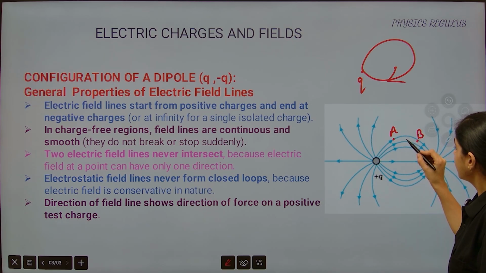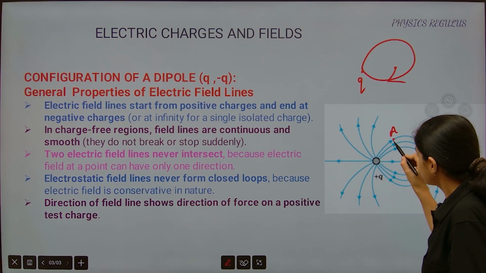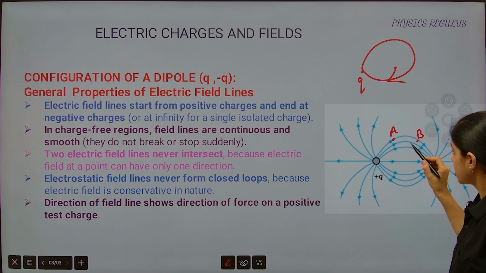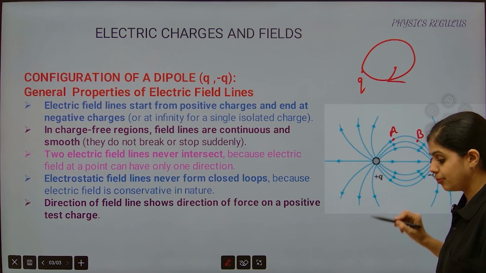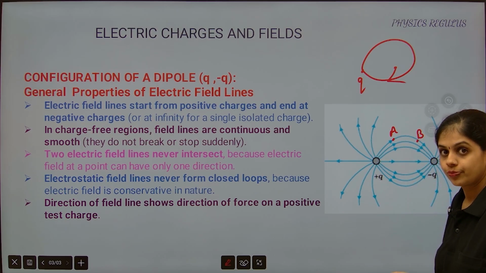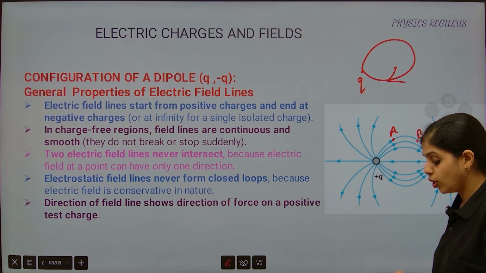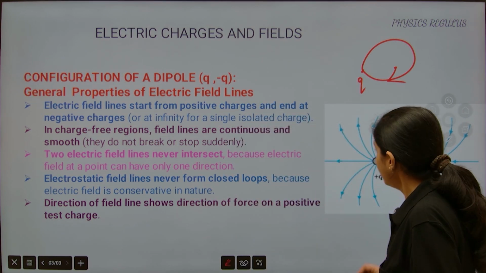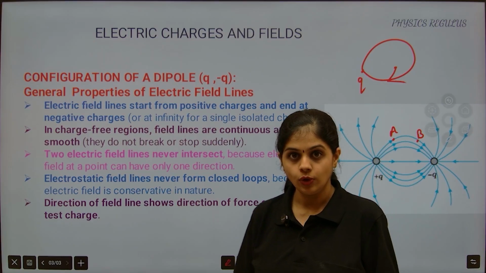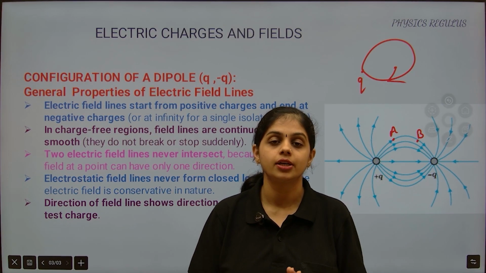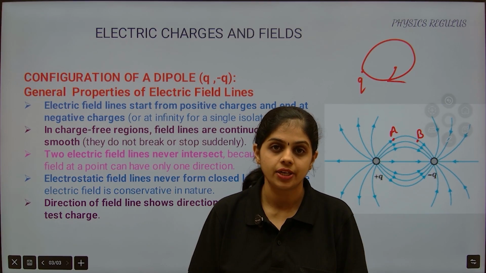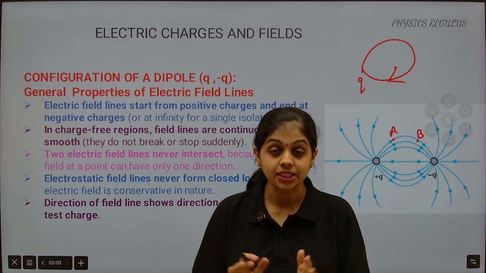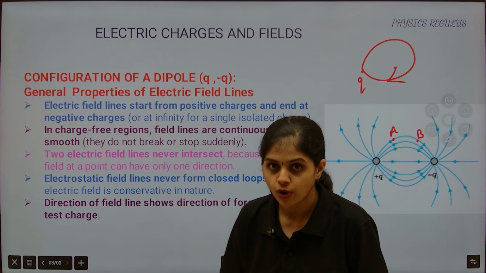For example, if you bring the test charge back to point A, then work done on the test charge after completing one round trip is 0, because it depends on only initial and final positions. If work done is 0 after completing one round trip, it shows conservative nature. Hence, electrostatic field is conservative in nature. It does not form closed loops.